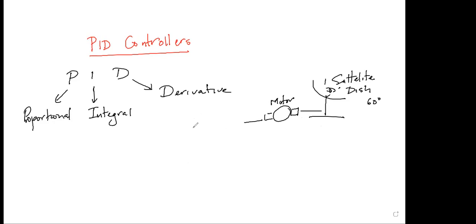So we are going to have our motor. And so we're going to put in a dial, a pointer or something, that says we want it to be at 0, 60 or 120.